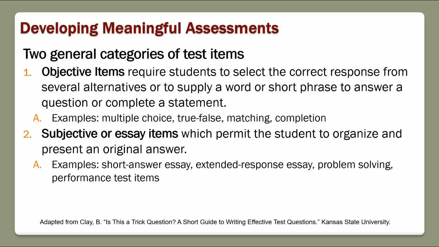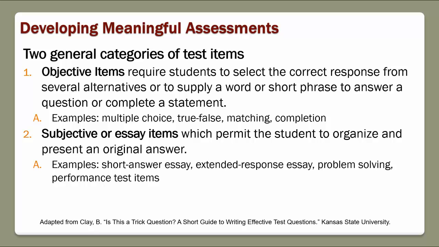So it could be a short answer essay, it could be an extended response essay, it could be problem solving, let's say in certain fields like STEM or math where they're solving a word problem or some sort of situation and they have to work the answer out. And there's also performance test items.